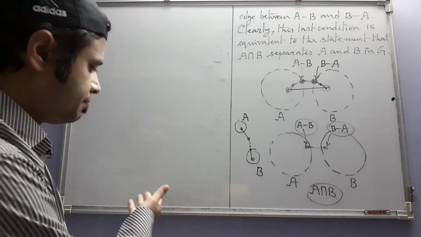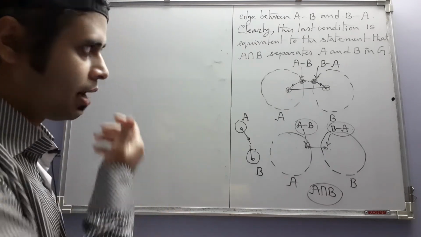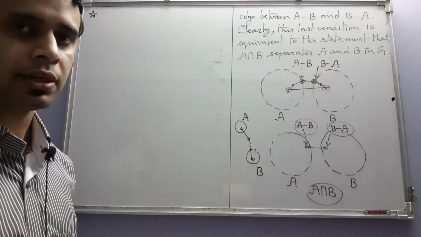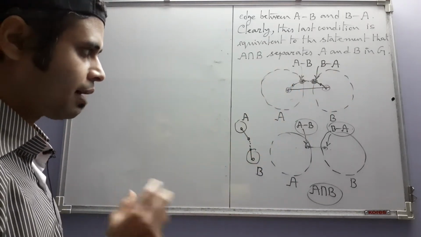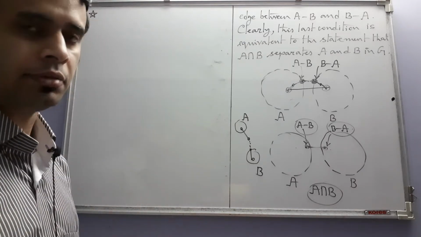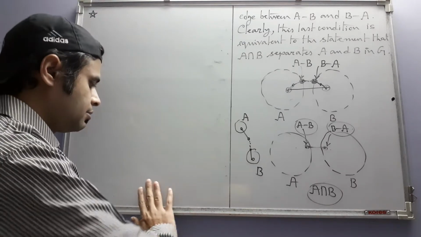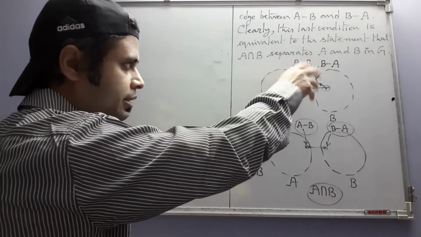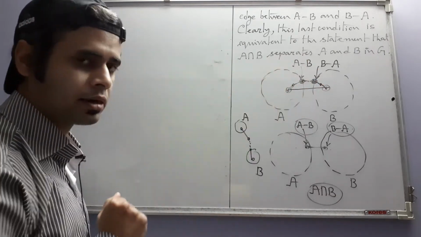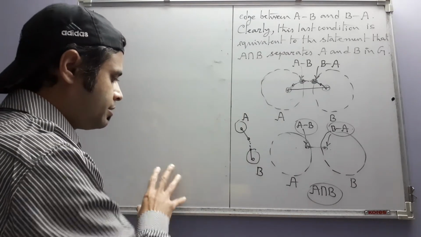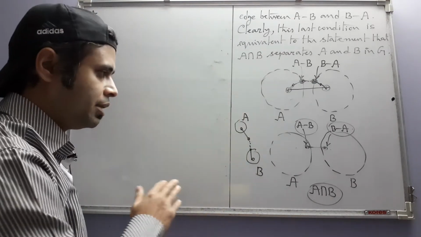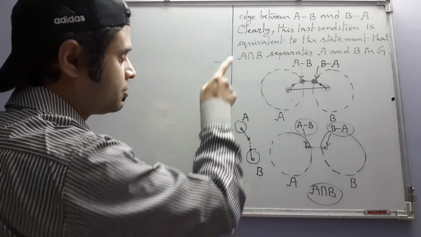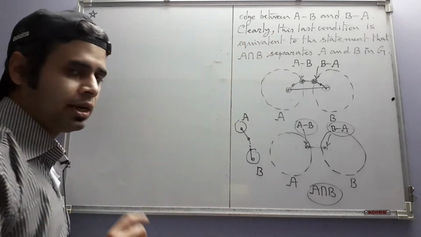For example, in a graph, A and B form a separation. The graph itself can be of any type. The only thing common to all such graphs about which we are giving this general argument is that A and B, taken together, give you all the vertices, and there is no edge between A minus B and B minus A.